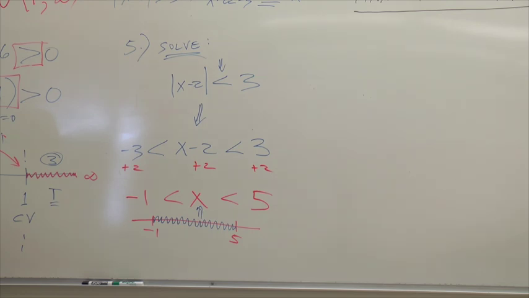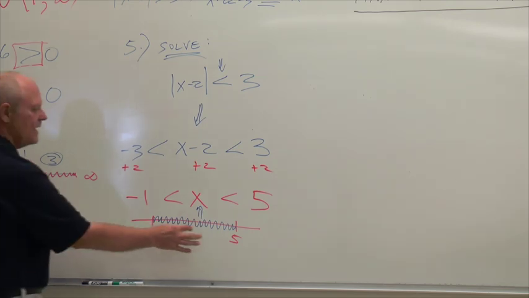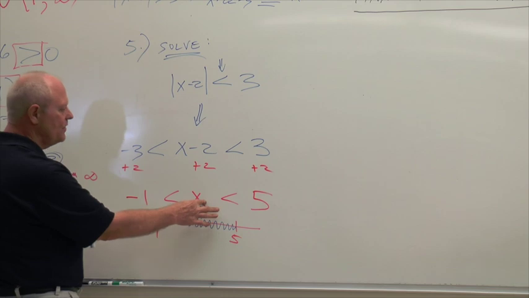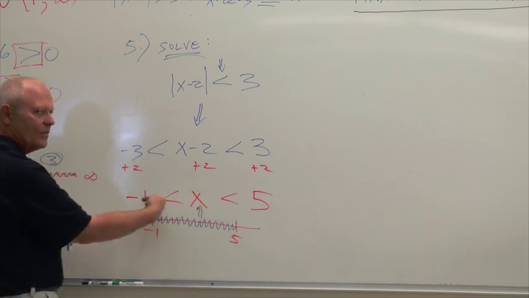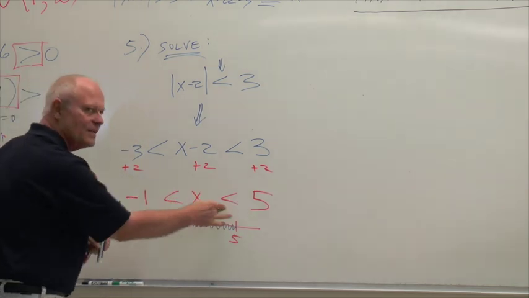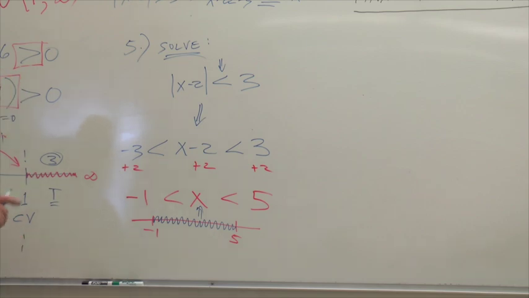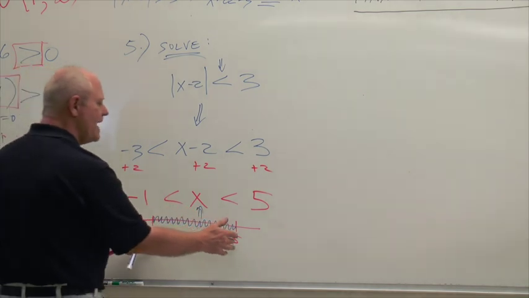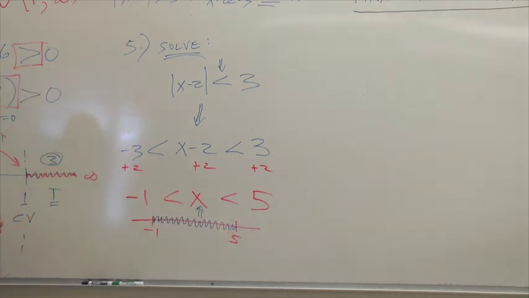Doesn't that mean any point I plug in here to make this true has to be greater than -1, but at the same time less than 5? Good? Okay, so there's our number line, but how do you take this graphic and change it into interval notation?